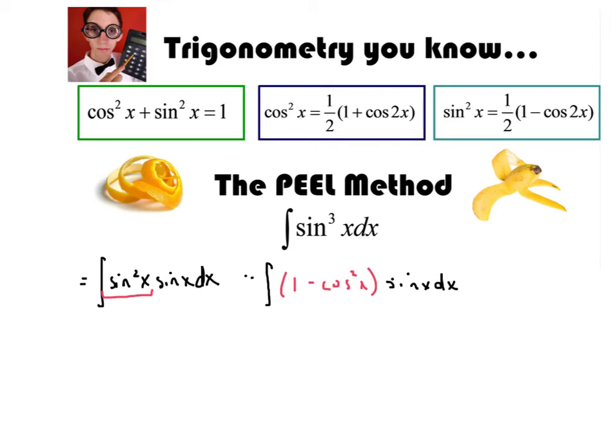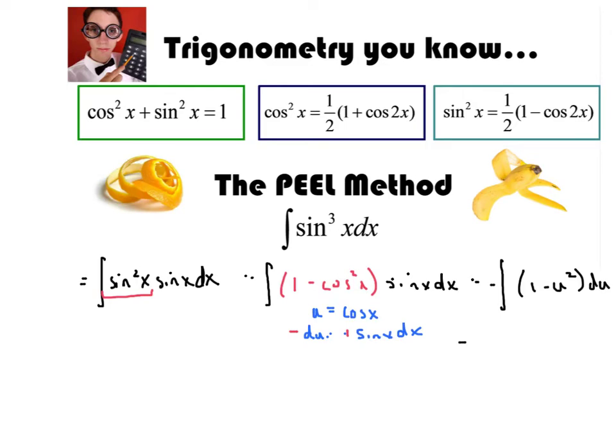But now, if I made u cosine, du would be negative sine. So I could make this negative, make that positive. So my integral becomes negative out front, 1 minus u squared du.